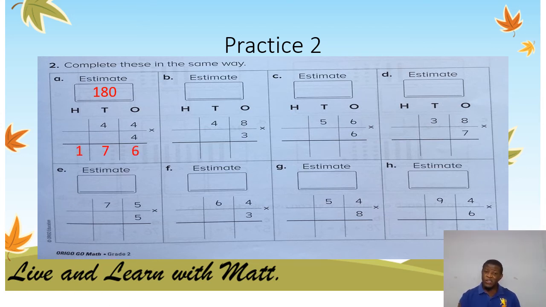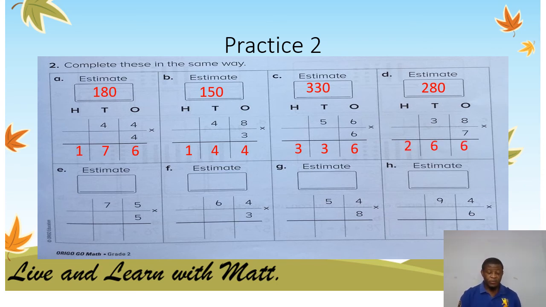Part B, estimate 150 and the answer is 144. Part C, estimate is 330 and the actual will be 336. Part D, the estimate is 280 and the actual will be 266.